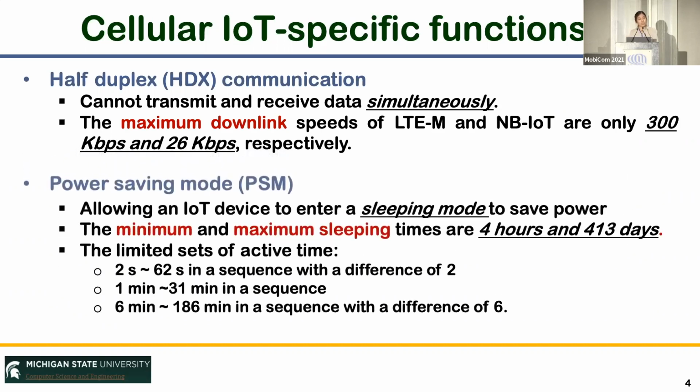The second is the power saving mode. It allows an IoT device to enter a sleep mode to save power. The sleeping time ranges from 4 hours to 413 days.